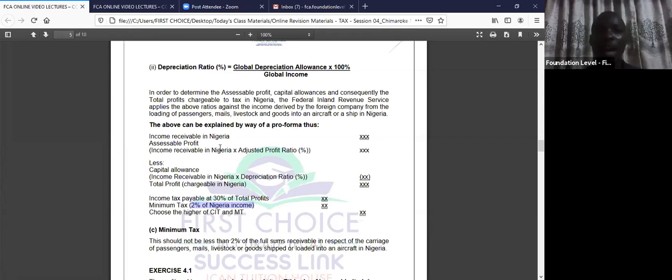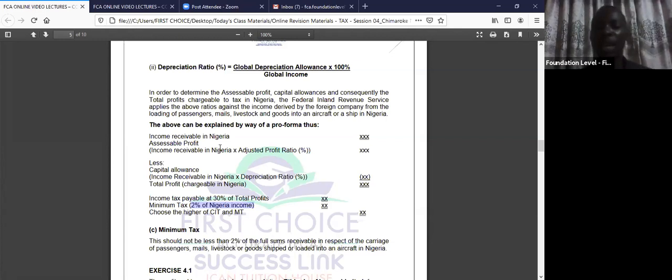Wherever you are loading your passengers, wherever you are loading your goods, that is where your income is originating. So now the thing is, where is your journey originating?